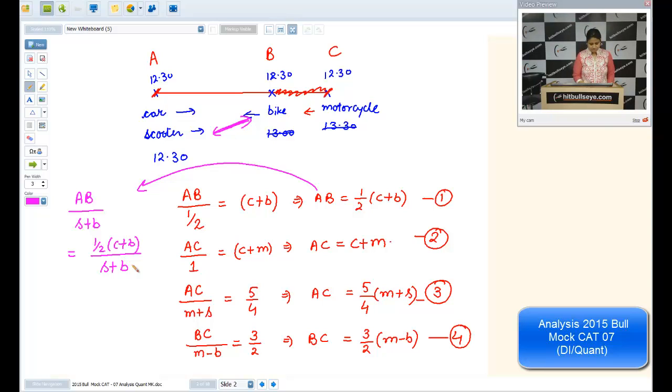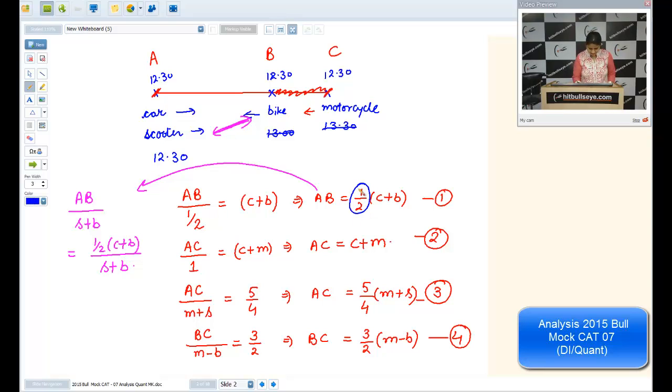Neha, what is the problem? Are you okay with the relative speed? Whenever two things are moving in opposite directions, we will add up the speed. Yes, I'm using the same thing here. Once again, I'm explaining one part only. See, the very first line says, Neha, half.